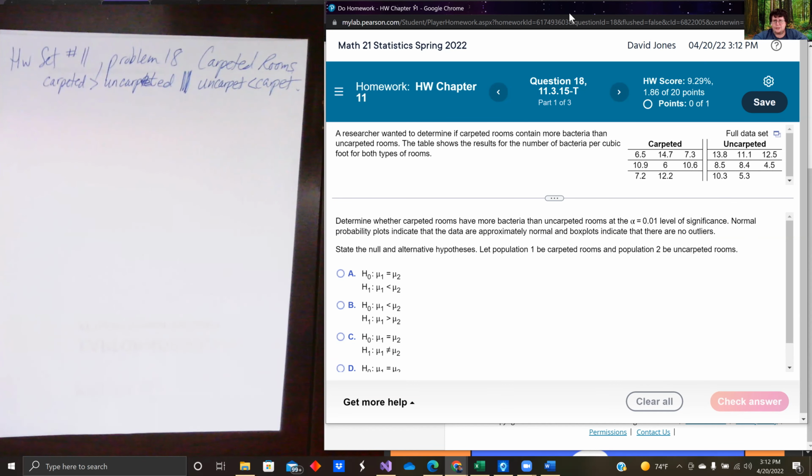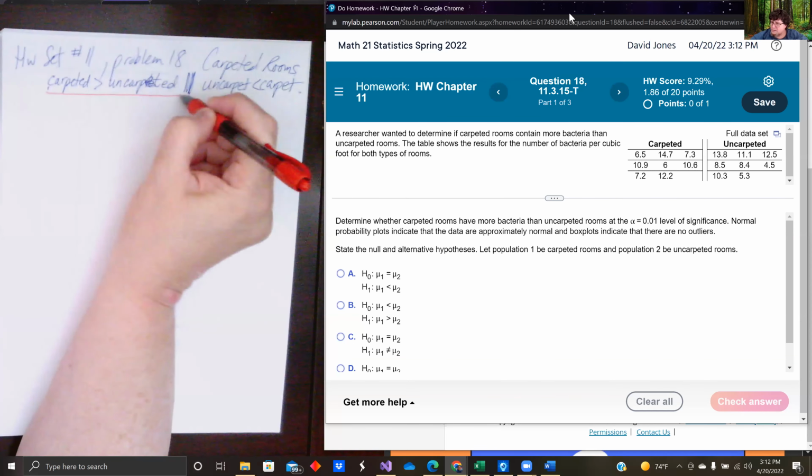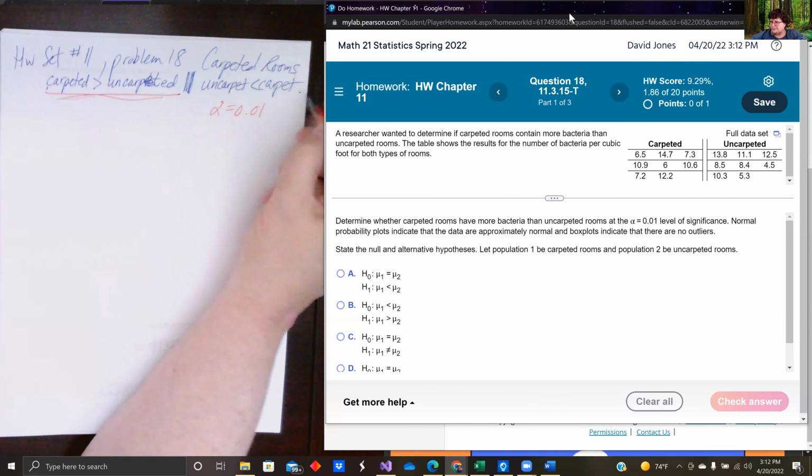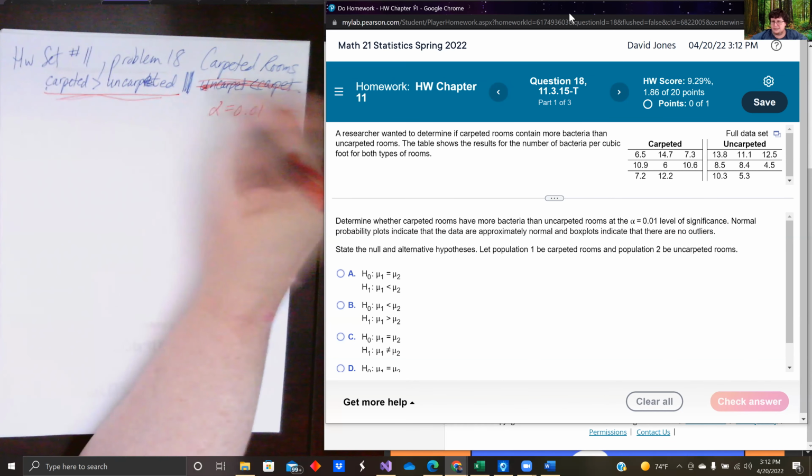The table shows the results for the number of bacteria per cubic foot for both types of rooms. Determine whether carpeted rooms have more bacteria than uncarpeted rooms. So they want us to go with this one, at the alpha equals 0.01 level of significance. I'll cross off the other one because that's the one we're not using.